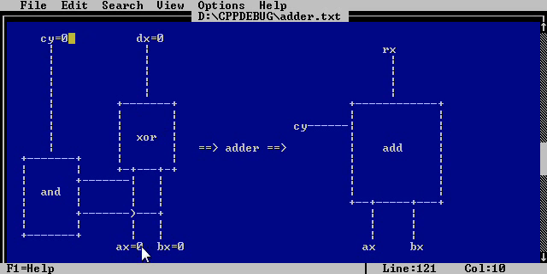Alright. Now let's try putting 1 here. The XOR circuit is going to give us 1. And we put a 1 and a 0 into an AND, and we still end up with 0 here. So far so good. And if this is 0 and 1, it's the opposite.